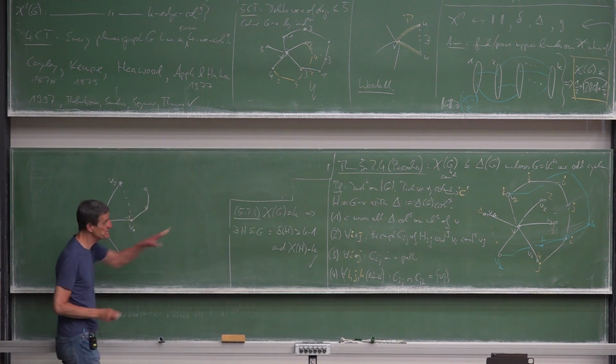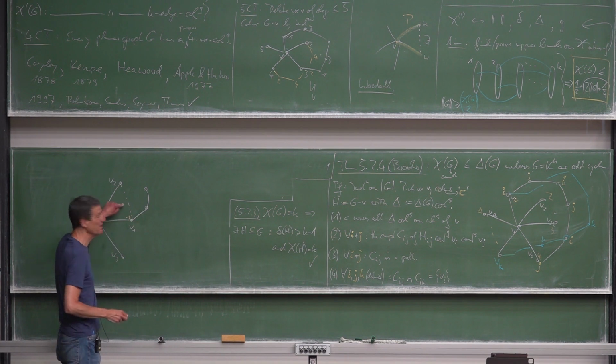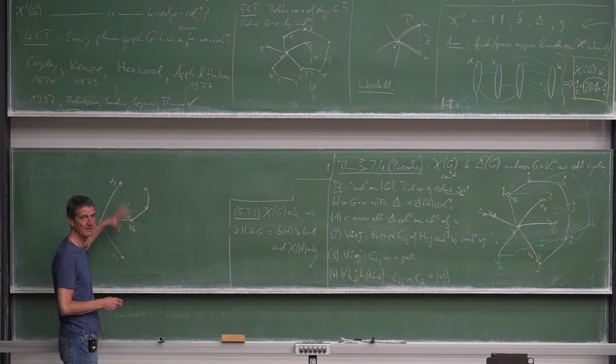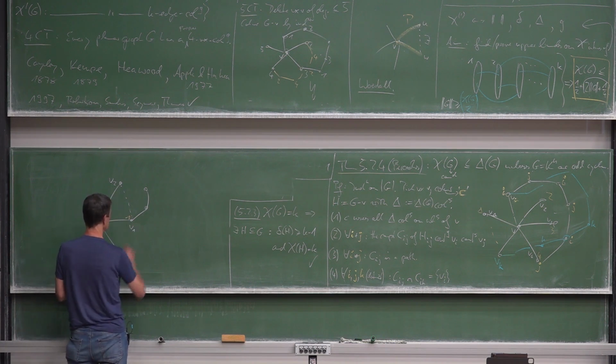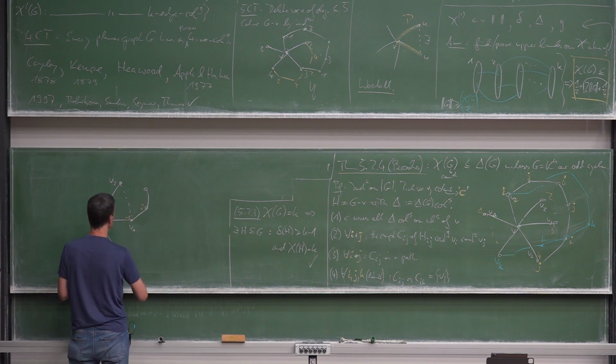Let's say it is the same names, but the non-edge without loss of generality is between V1 and V2. That's a better way of phrasing it. So we'll consider this path C12.